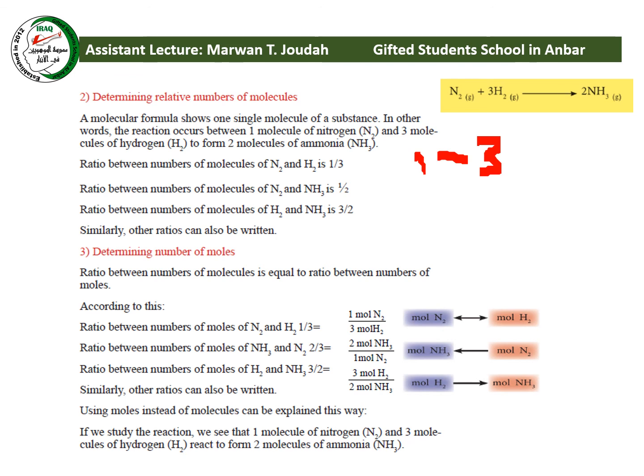The ratio between nitrogen and hydrogen is 1 to 3, the same as the second one. Then the ratio between the ammonia and nitrogen is 2 to 1. The third one between the hydrogen and ammonia is 3 to 2, the same as we said before.